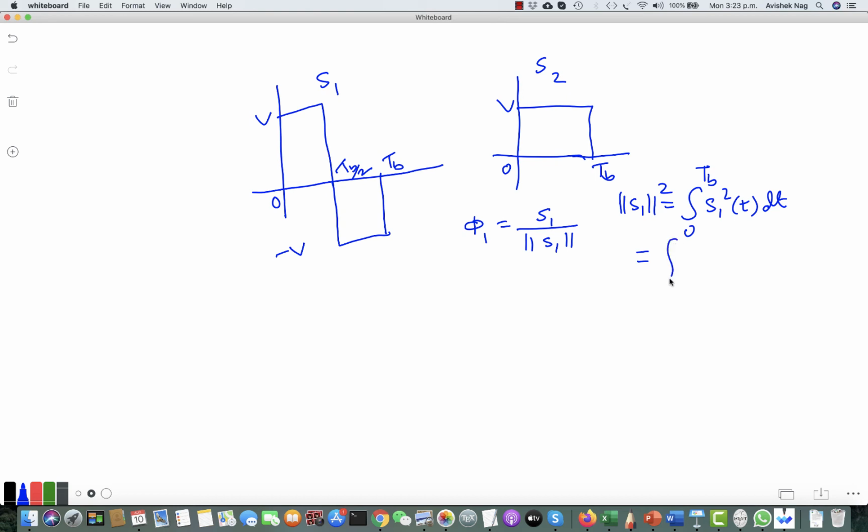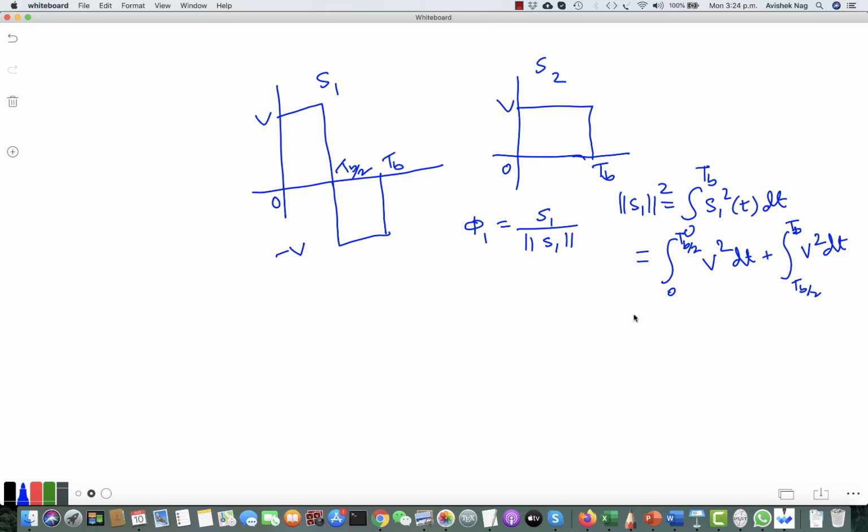You can split this integral between 0 and TB by 2, where S1 squared is V squared dt, and then the interval TB by 2 to TB, where S1 squared is minus V squared, which is equal to V squared.